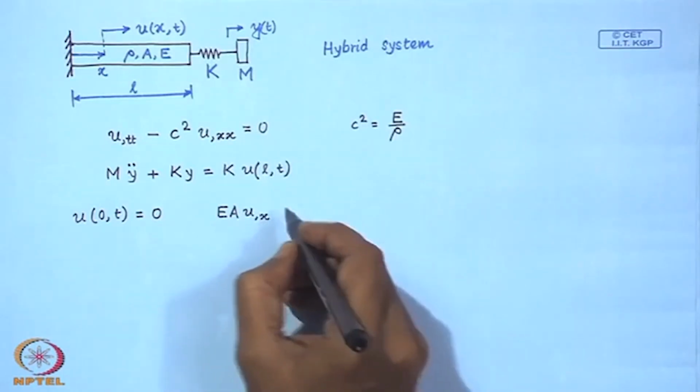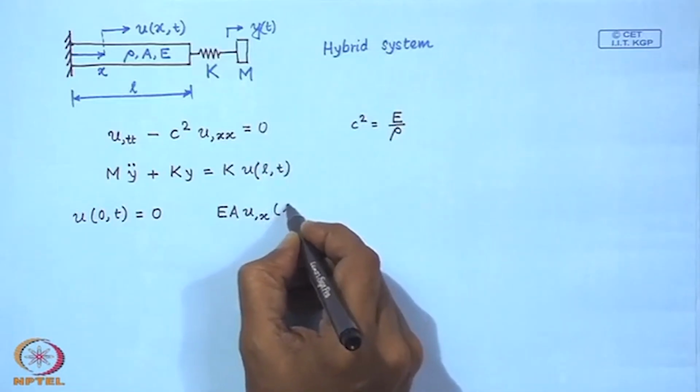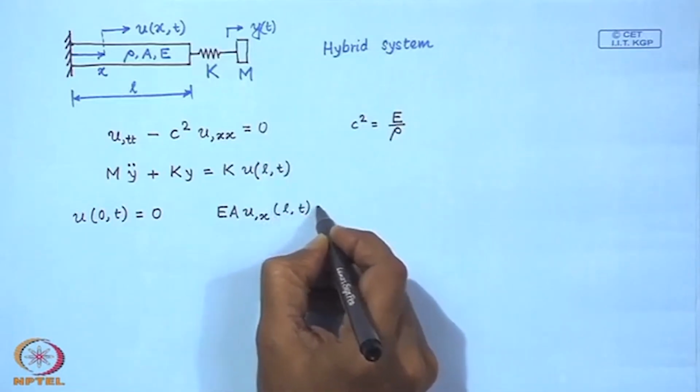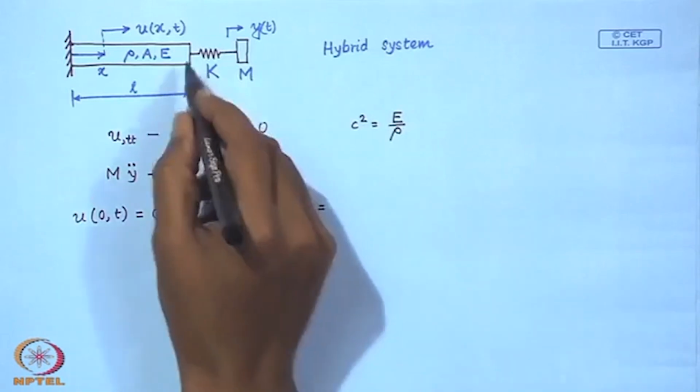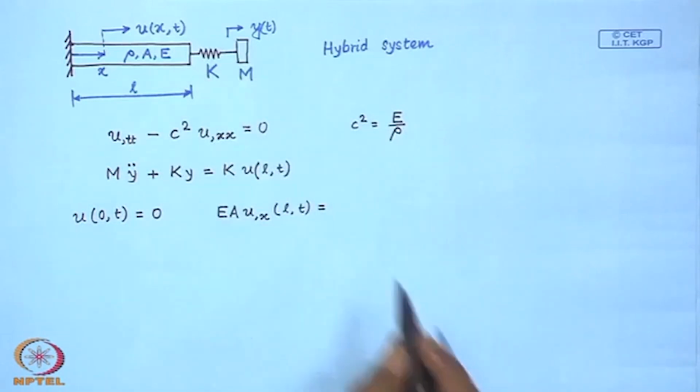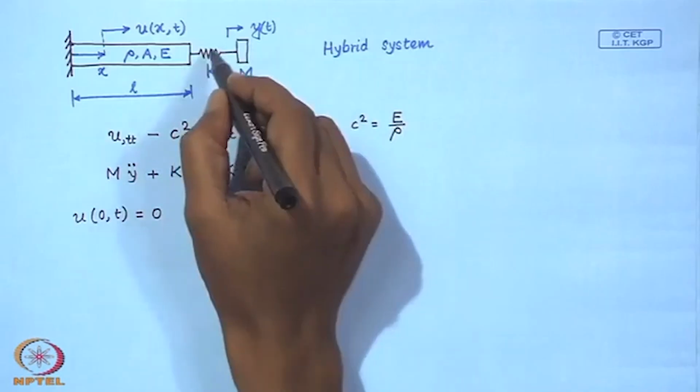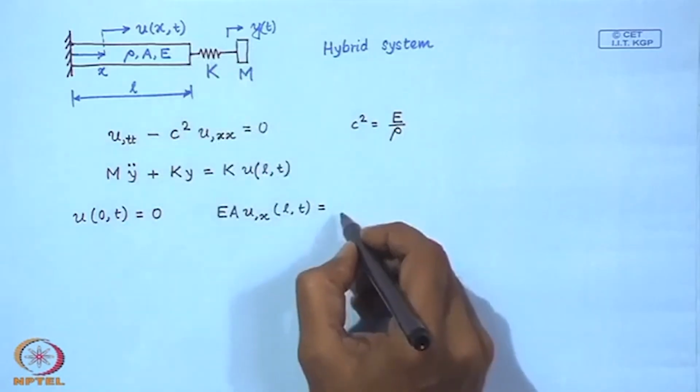So, we have a dynamic boundary condition. So, this must be the force exerted by the spring at this end.